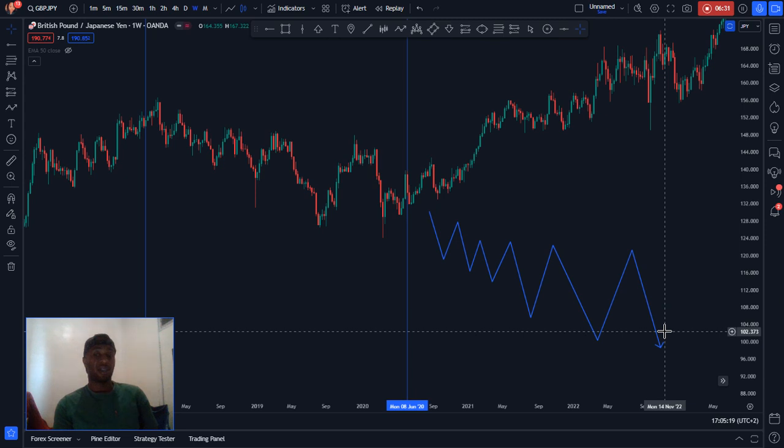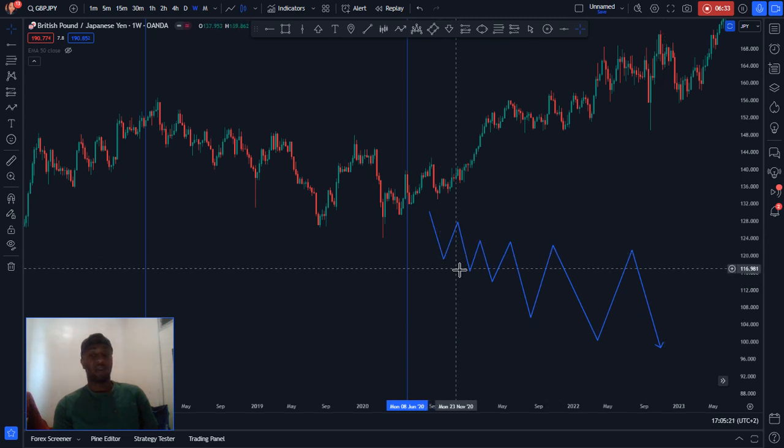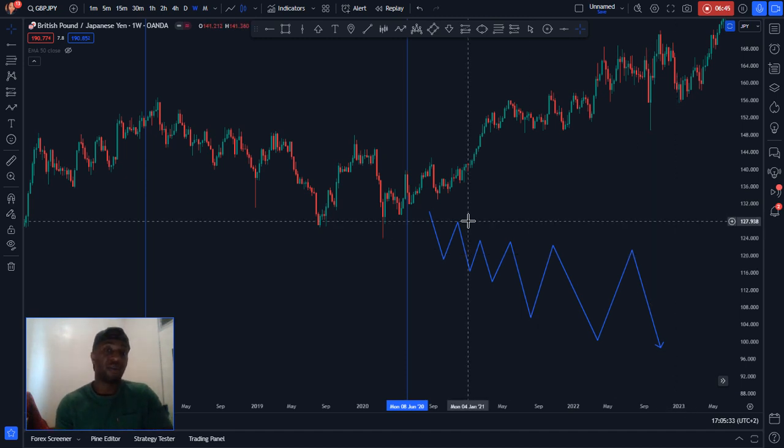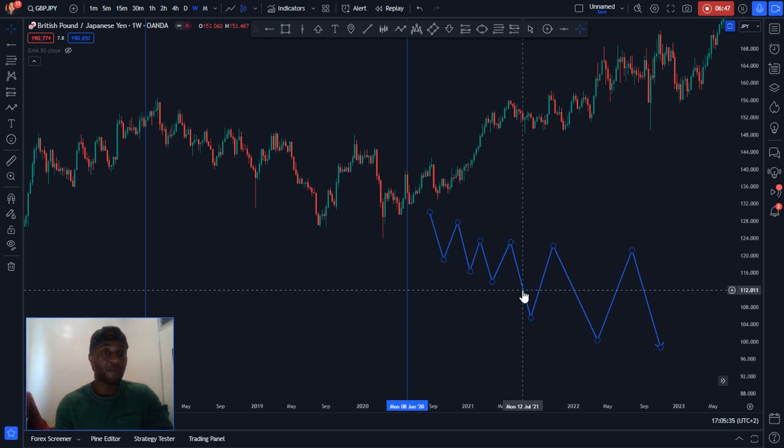In the downtrend. Someone can see that these are the lower lows and these are the what? The lower highs. So it's trying to simplify your life. It's better than trying to figure out what's happening on the daily time frame, because the daily time frame had a lot of noise.